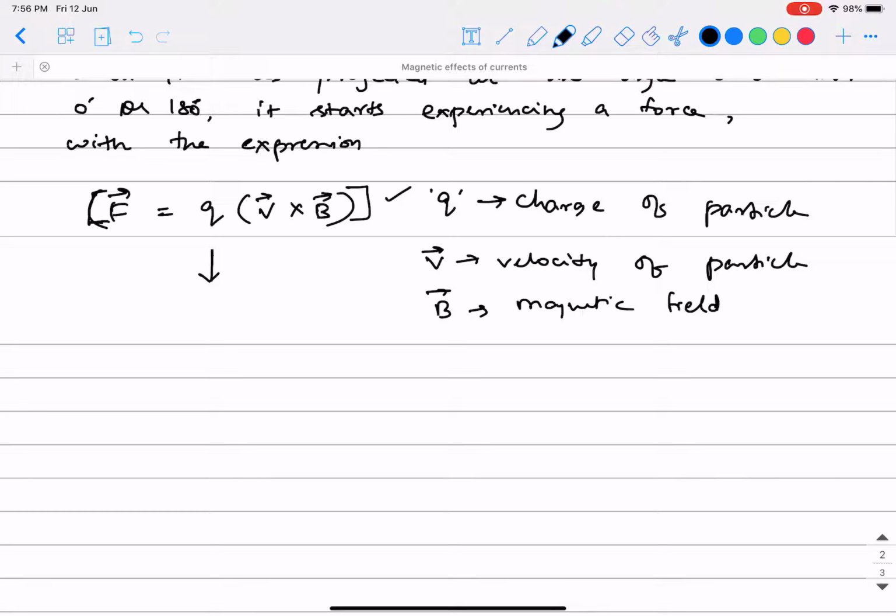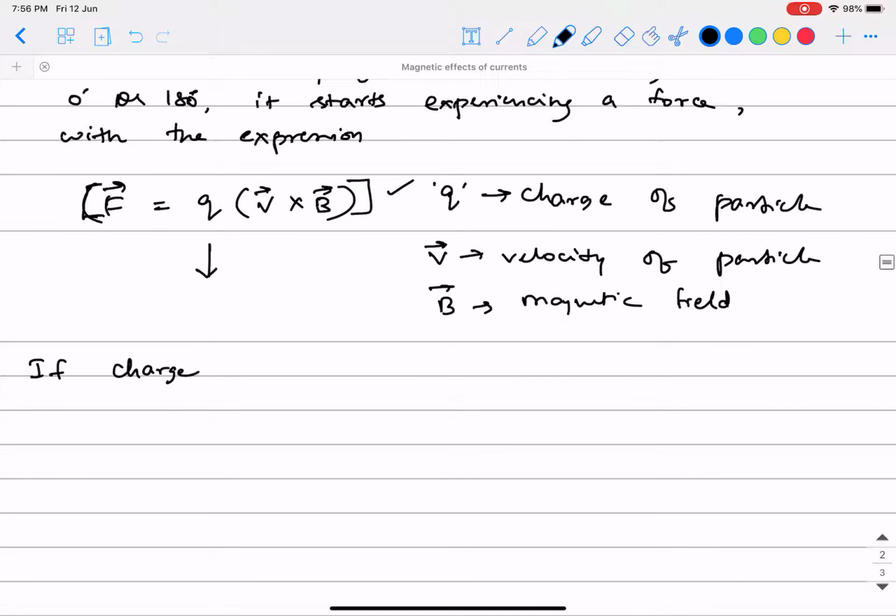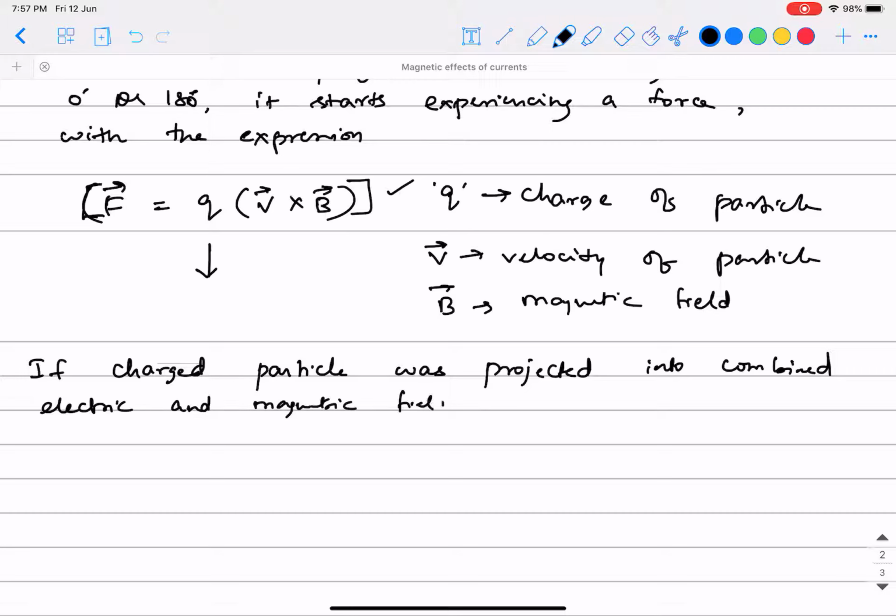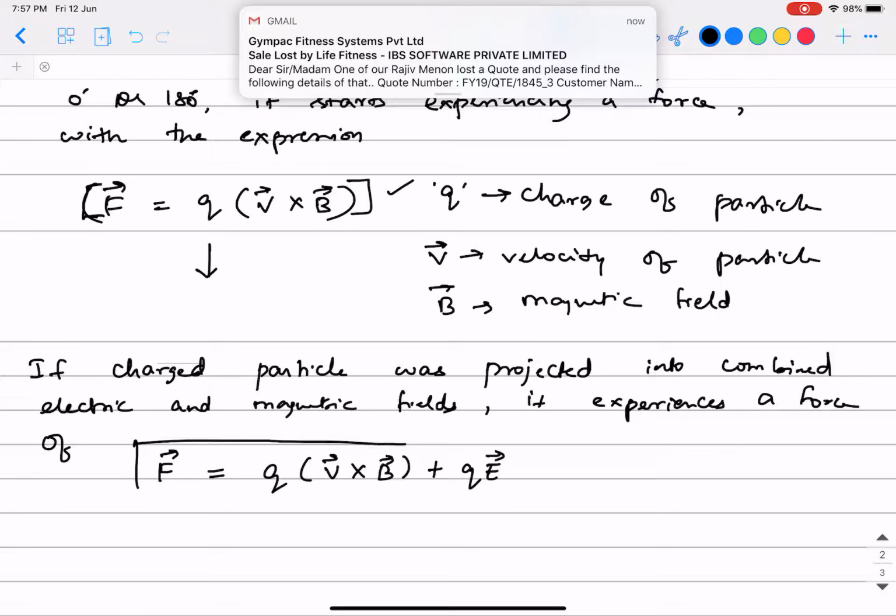Then it experiences a force of F vector is equal to Q into V vector cross B vector plus Q into E vector. So everything is taken in the vector form.